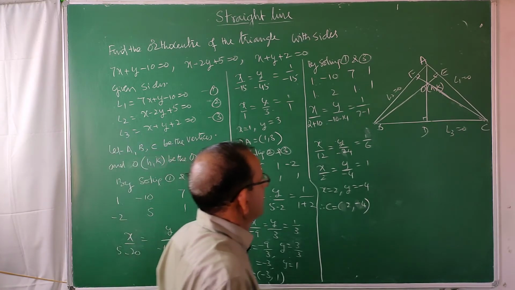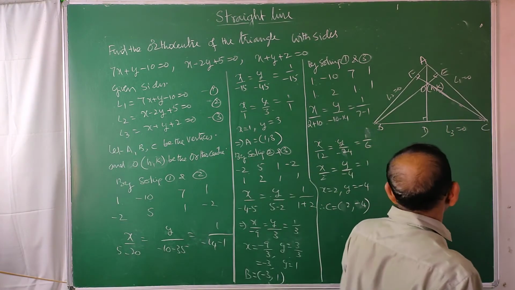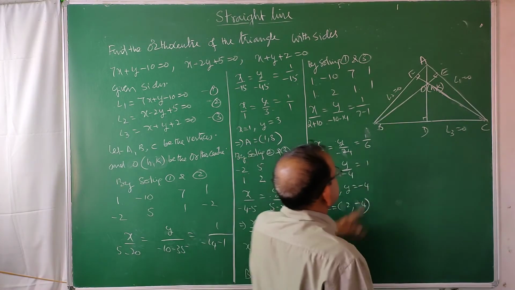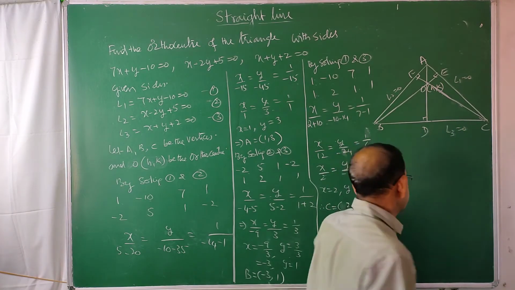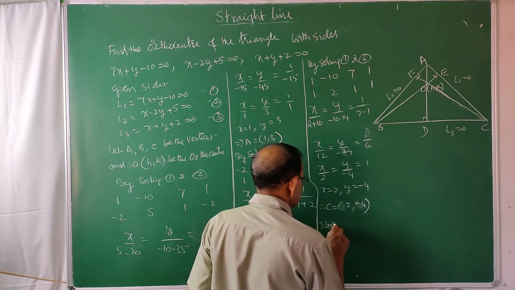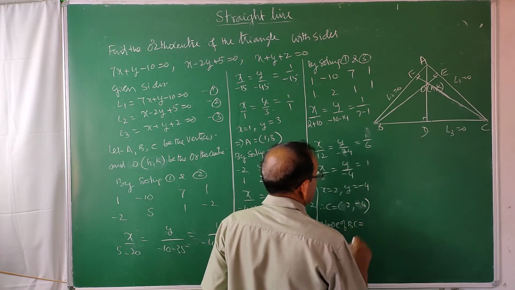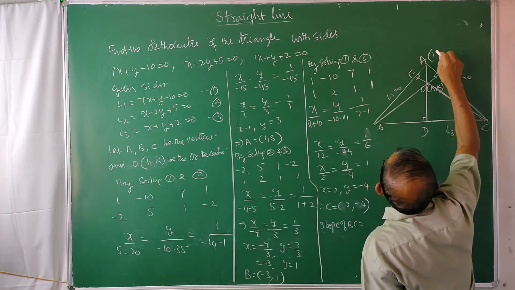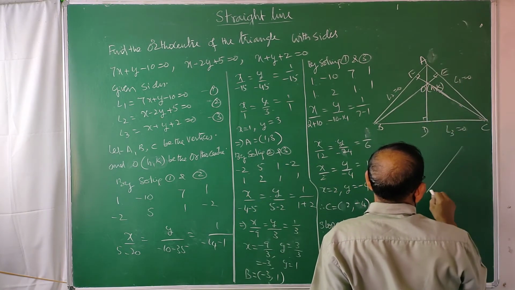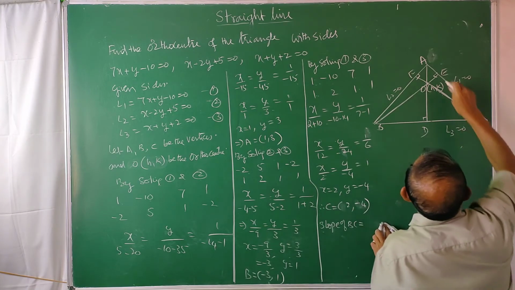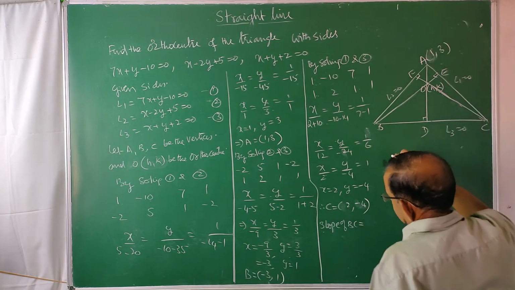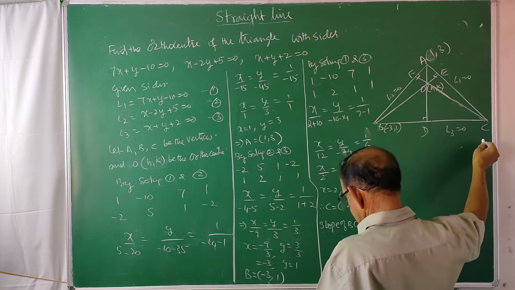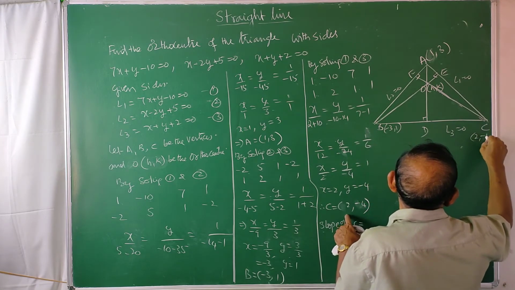Now find the slope of BC. Let us find out the equation of AD. For that, the slope of BC is required. A is (1, 3), B is (minus 3, 1), and C is (2, minus 4).